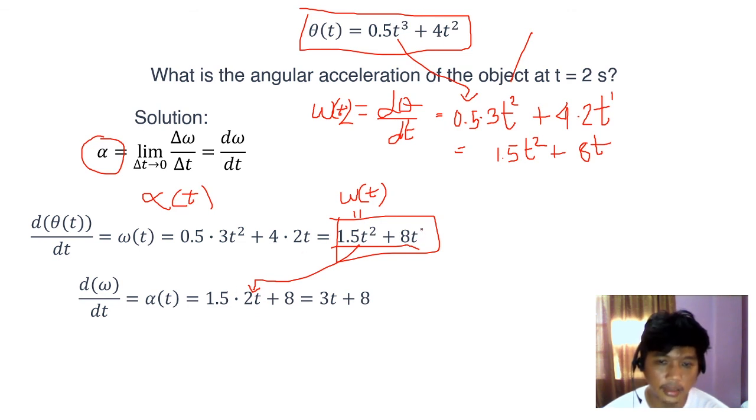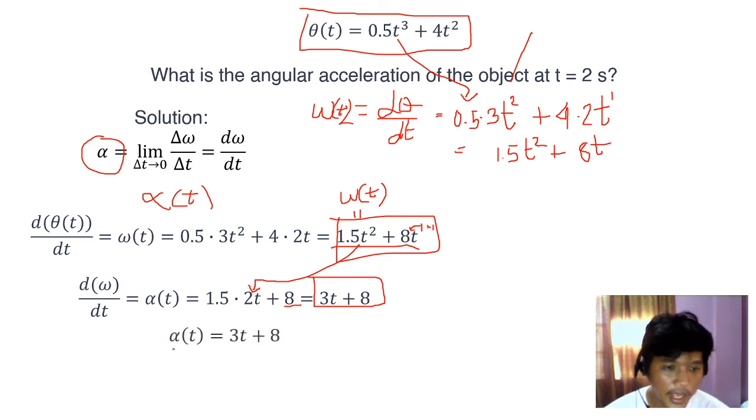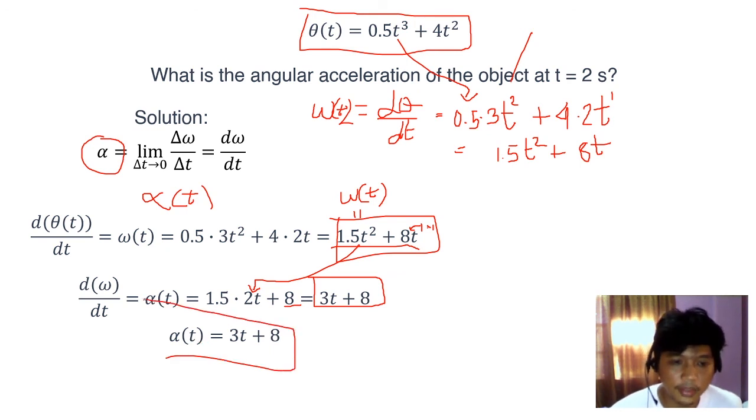And the 8t to the 1 also, we multiply by the 1, and the 1 becomes 0. 1 minus 1. So t to the 0 is 1. So 8 times 1 times 1 equals 8. So basically, 3t plus 8. We now have an angular acceleration as a function of time that is 3t plus 8.